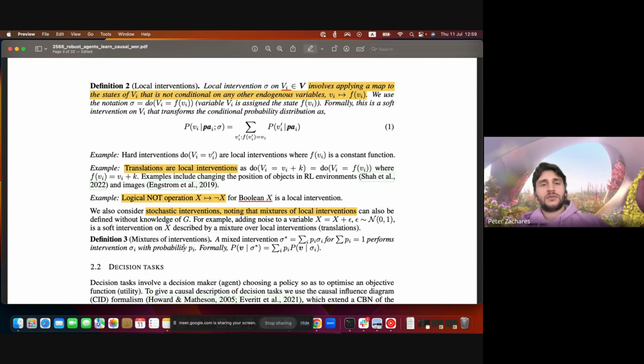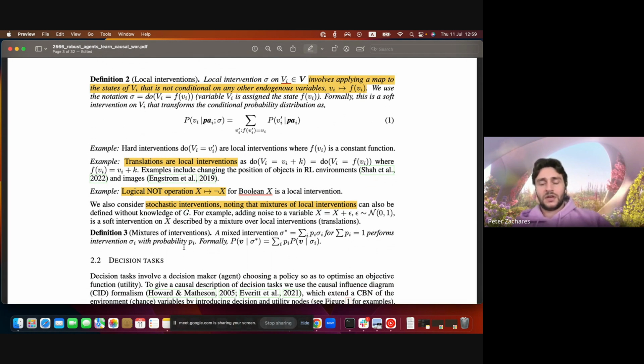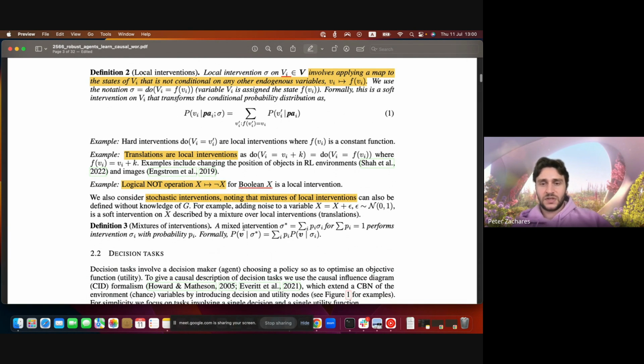So we've talked about hard interventions and local interventions, and basically their results all apply for those two types of interventions. They don't really go into soft interventions. Well, they kind of do, but let's just think about local interventions and hard interventions. And then they introduce this idea of a mixed intervention, which basically performs intervention sigma_i with probability pi_i.